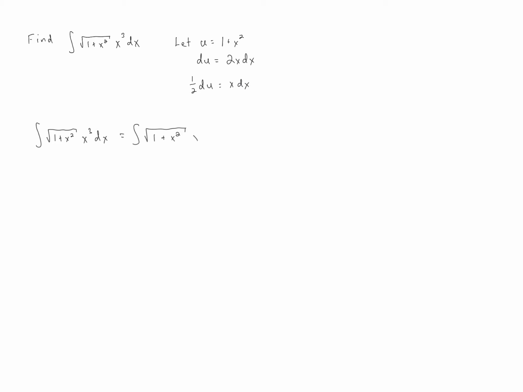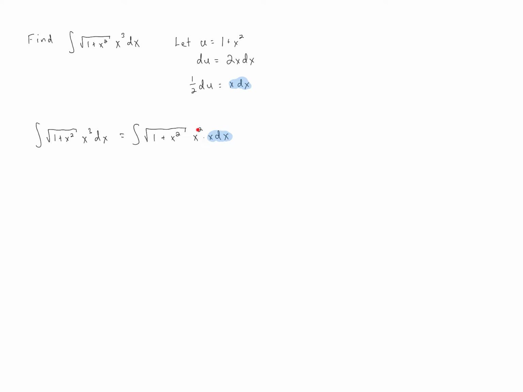We're going to write that as x squared times x dx. Now, the helpful thing here is that we have x dx in the integrand, which matches what we have up here. And we know that we're going to be able to replace 1 plus x squared with u. So both of these things we can translate from x to u.